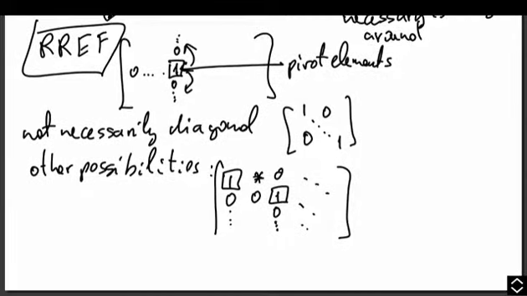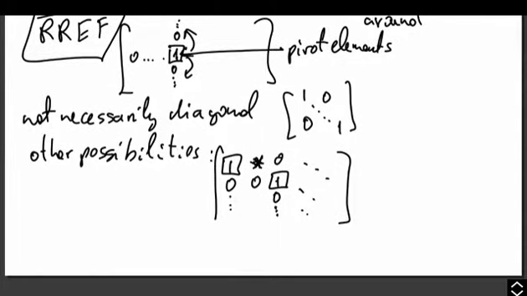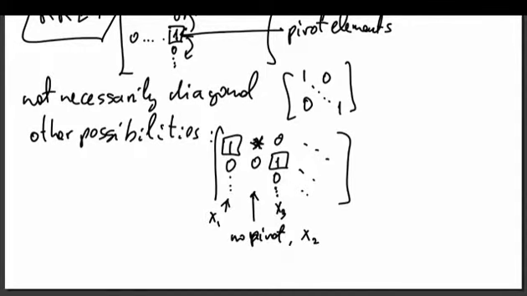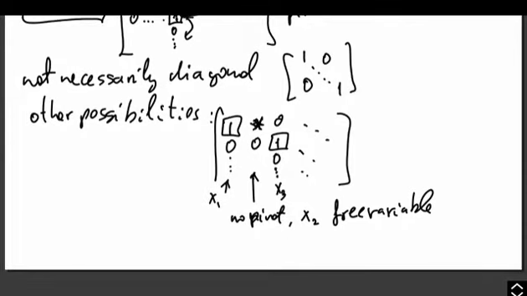I want to concentrate on this part now, where we have a column that doesn't have a pivot, because it's not the leading term that we have here in the position of star. So the first column corresponds to x1, the second one x2, and the third one to x3. So now, if there is no pivot in a column, this x2 is called a free variable, and this automatically results in infinitely many solutions.